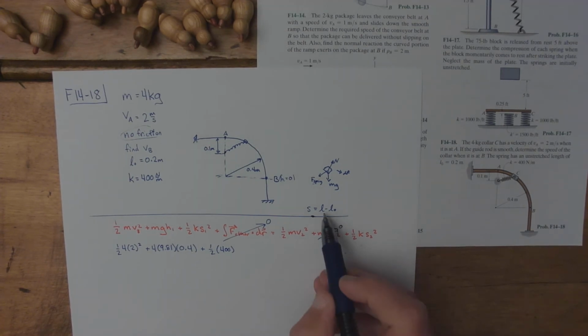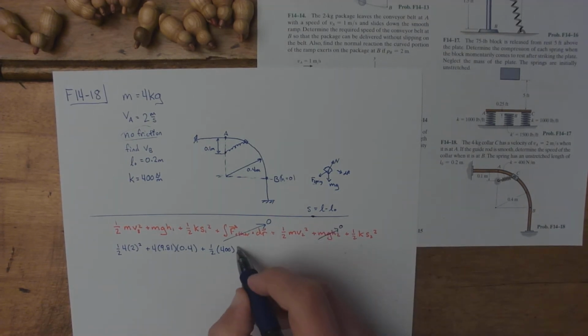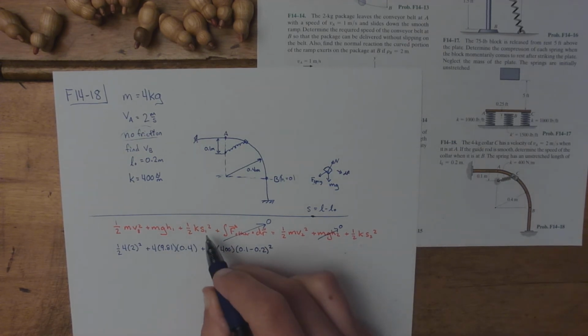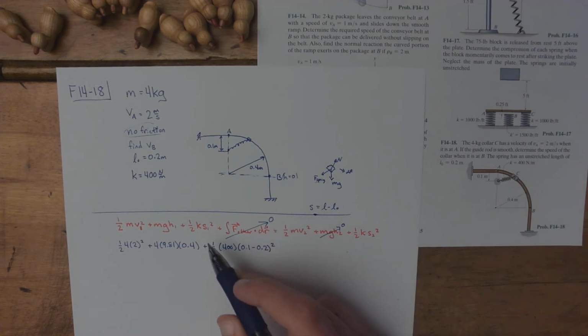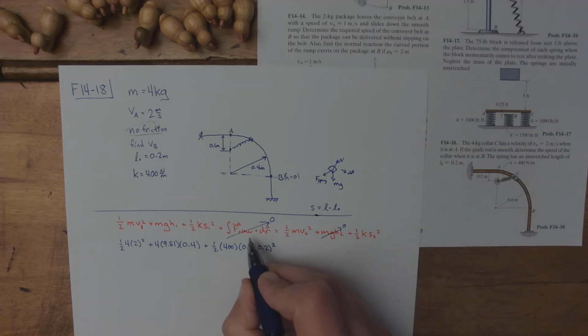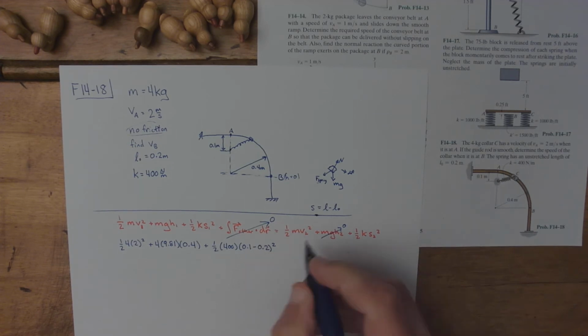So the current length of the spring is 0.1 minus the unstretched length, this is 0.2, and it doesn't matter what the sign is for S when you're looking at the elastic potential energy because it's being squared. The work done by forces other than the spring force and the force of gravity is 0.